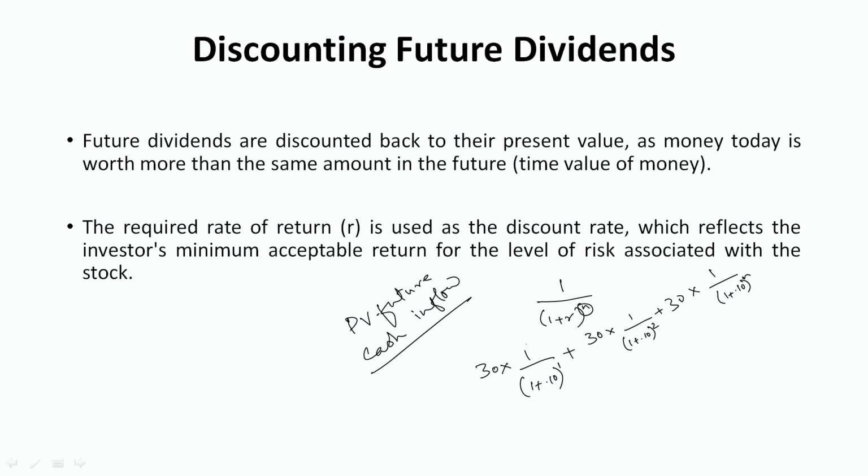So, this factor is called the present value factor. Okay. So, this is the future cash inflow, and I am converting this future cash inflow into the present value. This is how the future dividends are discounted to their present value.